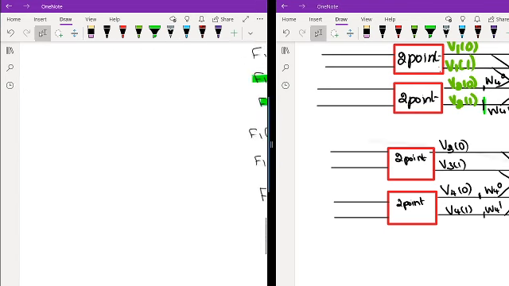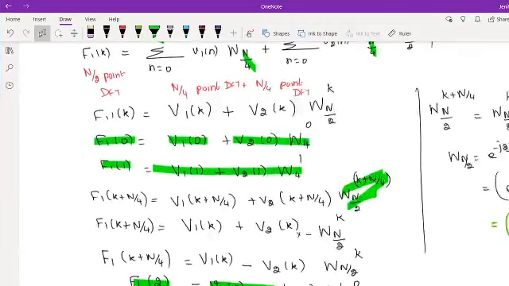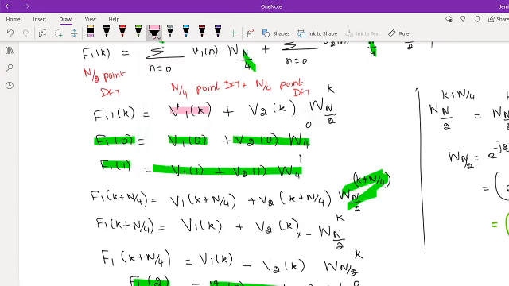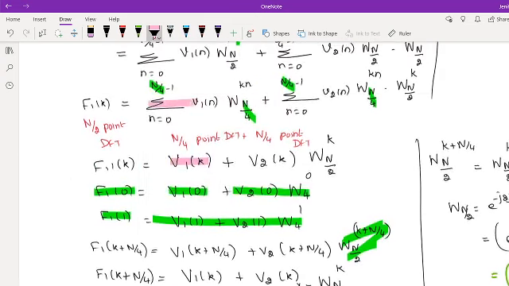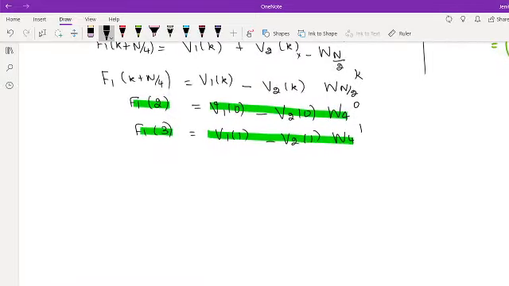So now again I'm going to select this V1 of k. Actually we calculated this V1 of k from the N by 4-point DFT, that is V1 of n, W N by 4 power kn. So I'm just selecting that V1 of k.